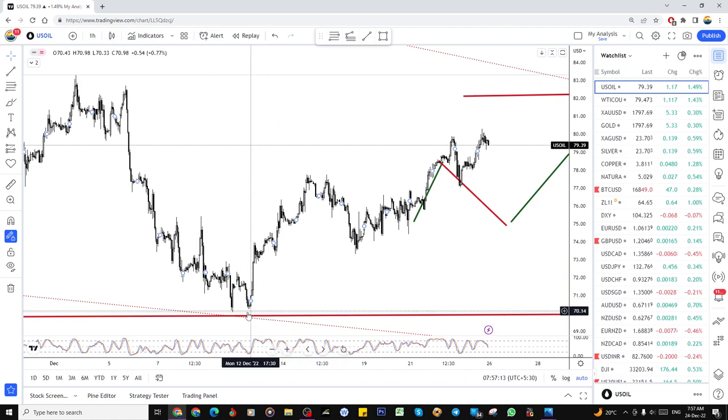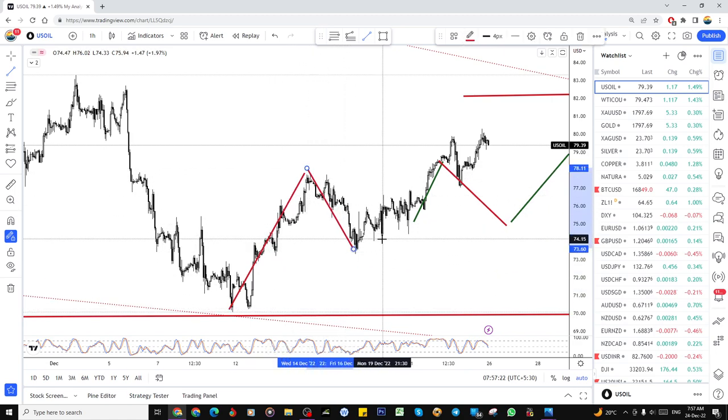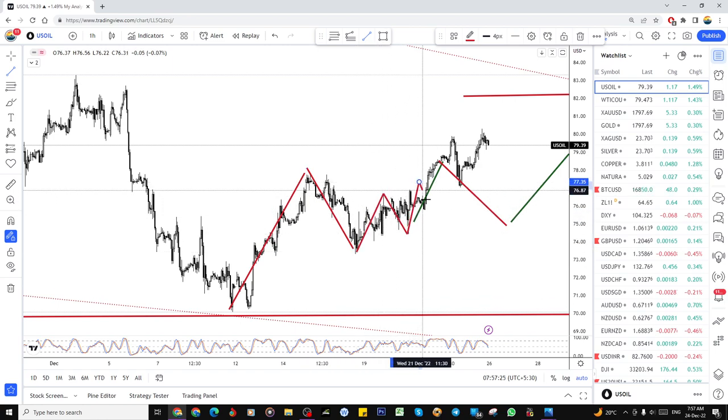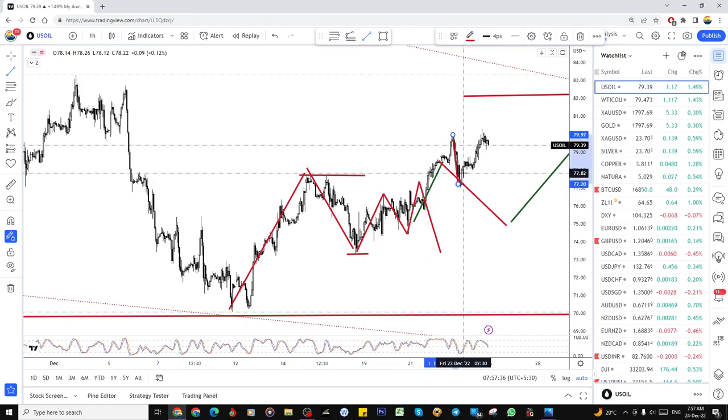Why? See, this is looking like one impulsive wave for me. So this is the correction, and what I'm looking for here is the correction part from here to here to break, but I didn't do anything. I want to know whether it is going to break this high, and then one more 3-wave structure.